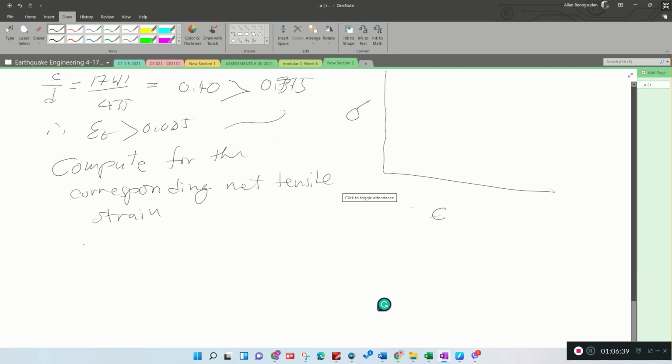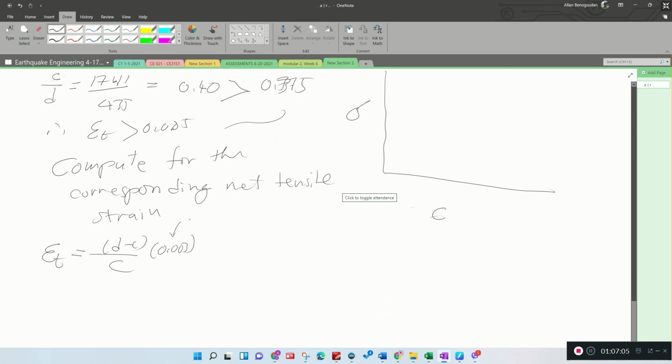Compute the net tensile strain. So again, I do not have to derive this. I just have to do it's d minus c divided by c. How much is our c? Then we usually use this. So that is equal to that multiplied by 0.003.